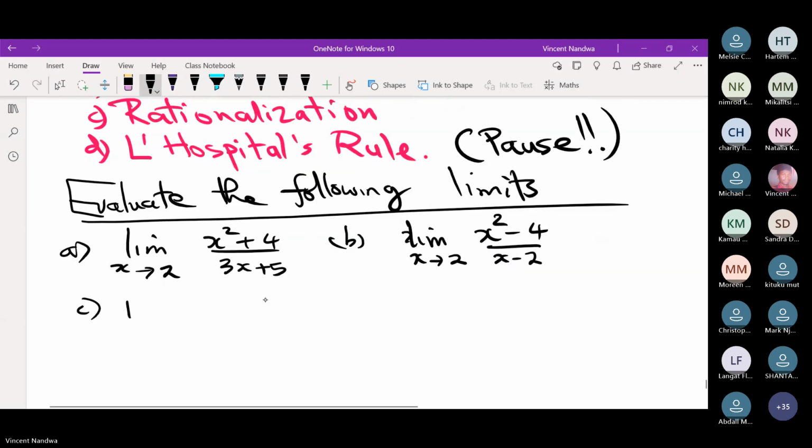And C, limit as x approaches 2 of square root of x minus root 2 divided by x minus 2. So these are good appetizers to start us off. So write those 3 problems.